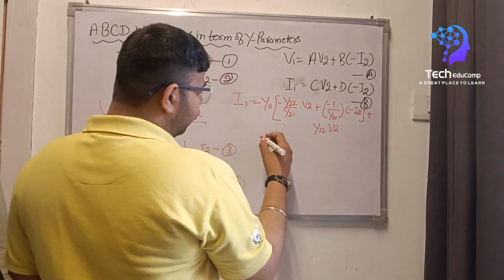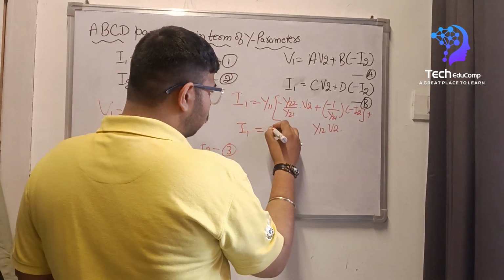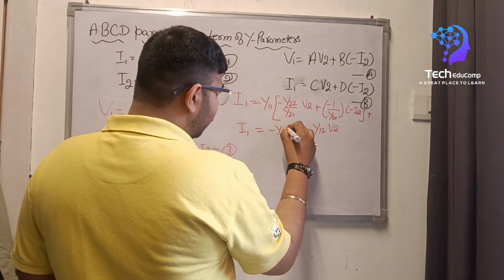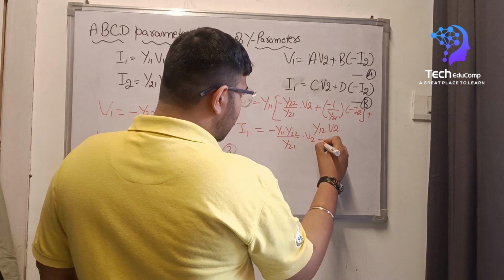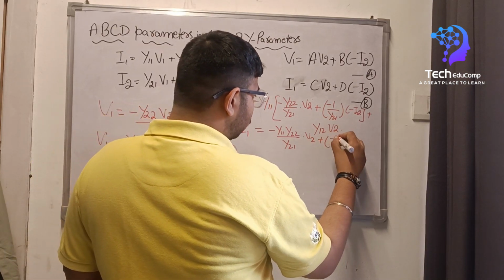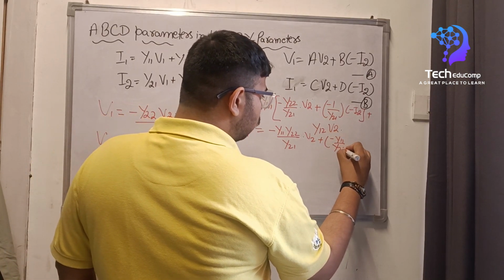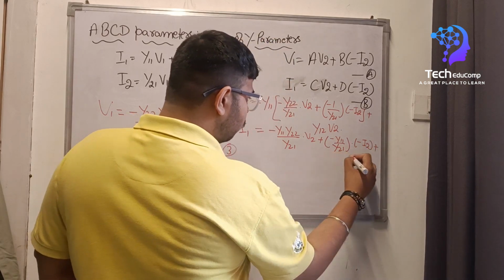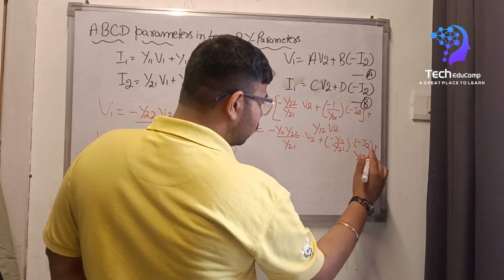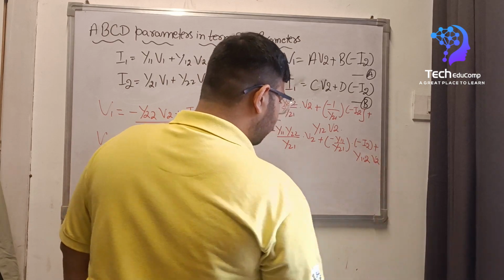Taking Y11 inside, I1 equals minus Y11 into Y22 upon Y21 into V2 plus minus Y11 upon Y21 into minus I2, plus Y12 into V2.